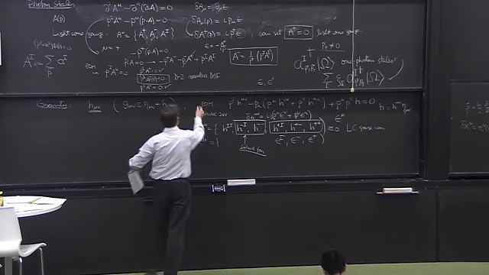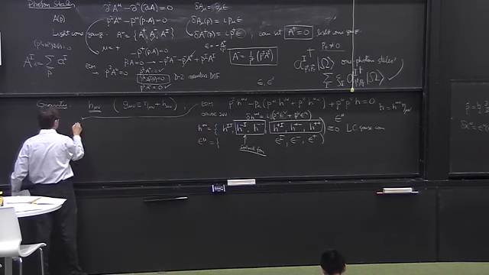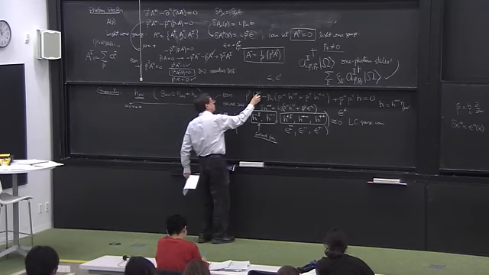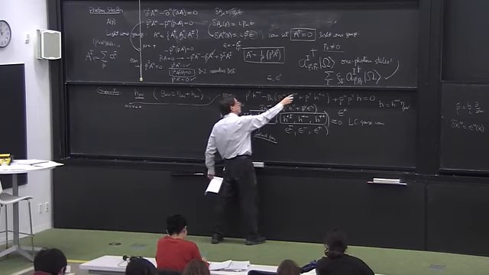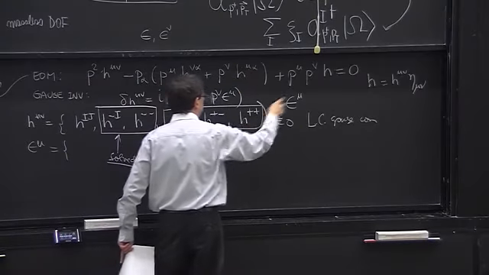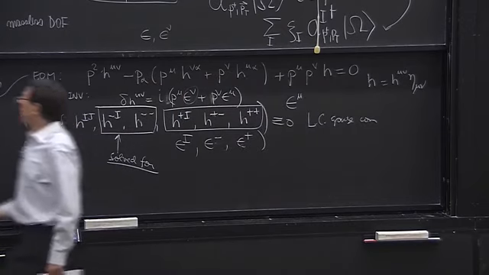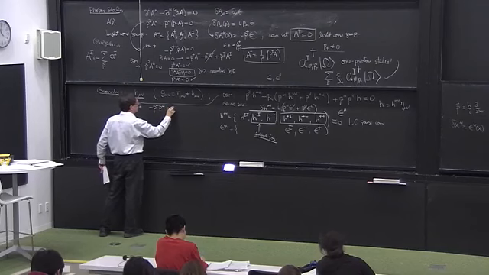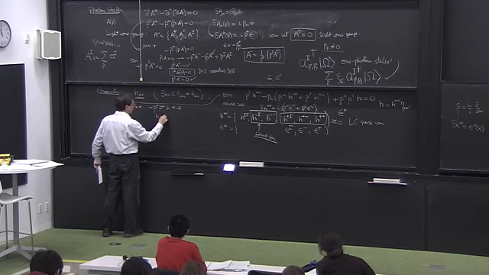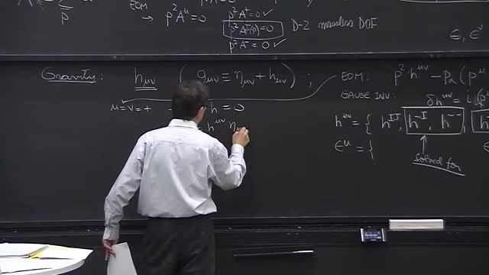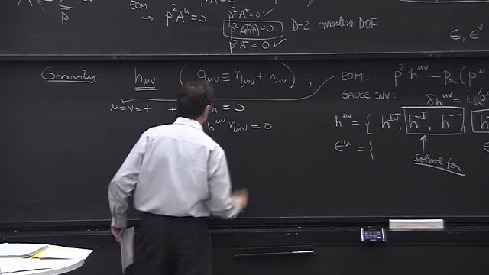If you take the equation of motion and put index mu equal nu equal plus, well, H plus plus has been set to 0. Here there's one plus, so it will be 0. Mu is a plus, so this will be 0, and only you have this. So actually, the equation has become P plus times H is equal to 0. So H, which is H mu nu, eta mu nu, is equal to 0.